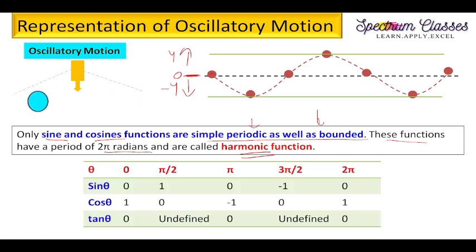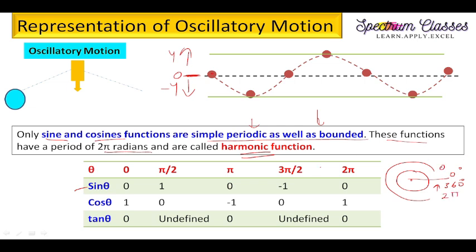So here I am going to summarize sine theta. For sine theta, say we have this circle; the angle starts with 0 and ends with 360 degrees, so 0 to 2 pi.